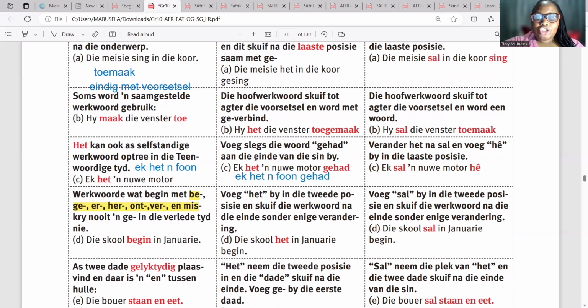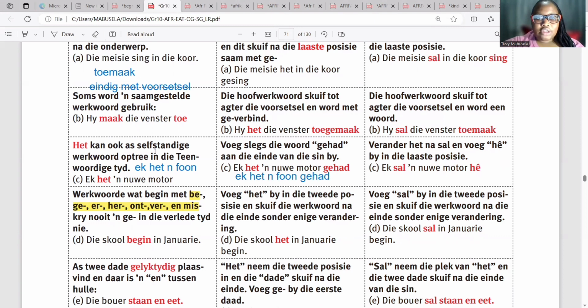So now we need to give het the past tense. So the past tense of het is gehad. So we're still going to use het as an auxiliary verb, but also now because we have het as the main verb, we're going to give it a past tense, which will be gehad. And then the future tense of het will be hê. So then it will be ek sal 'n nuwe moeder hê.